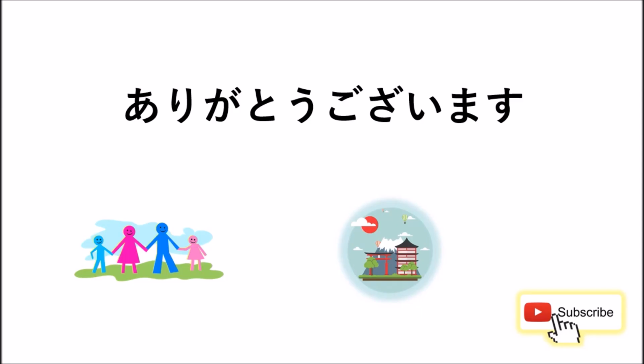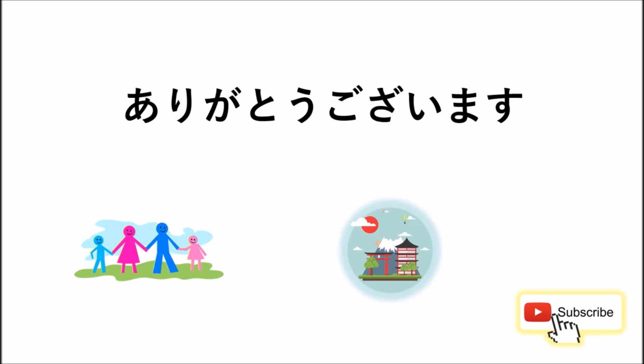Another sentence, if you use it with a noun, for example, 地震の場合はエレベーターを使わないでください。Or you can say, 火事の場合はエレベーターを使わないでください, which means please do not use the lift in the case of a fire or earthquake.